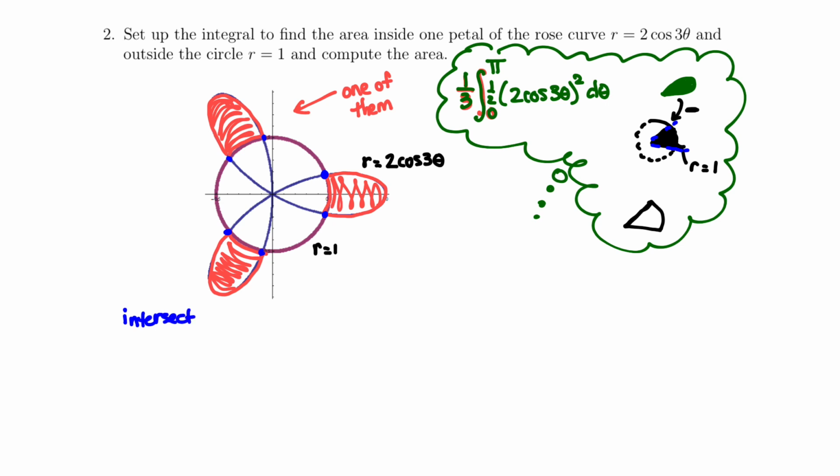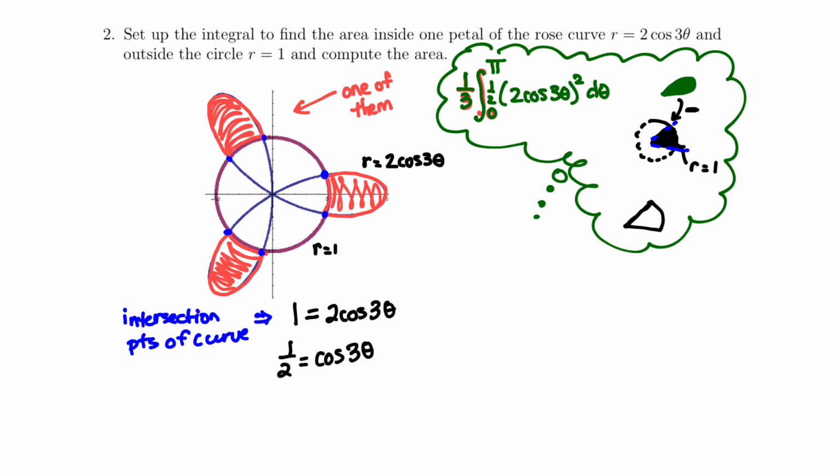You know r equals 1, so you can just set 1 equal to 2 cosine 3 theta. Thank you. To figure out where they intersect, set them equal to each other. 1 equals 2 cos 3 theta, so 1/2 equals cos 3 theta.